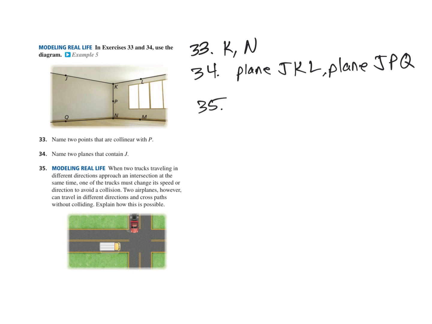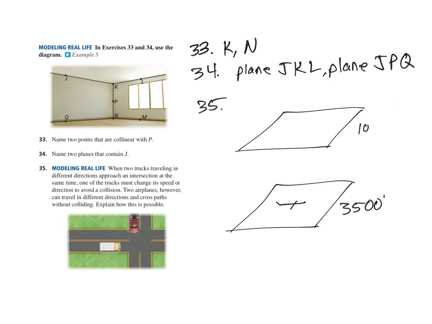You have two airplanes, one that's in this airspace at, let's say, 3,500 feet. So here you have this airplane. And then you have another airplane flying at 10,000 feet, and he's going this direction. So there's two airplanes going different directions. They're not going to hit because they're at different levels. But in the picture, that's two-dimensional.